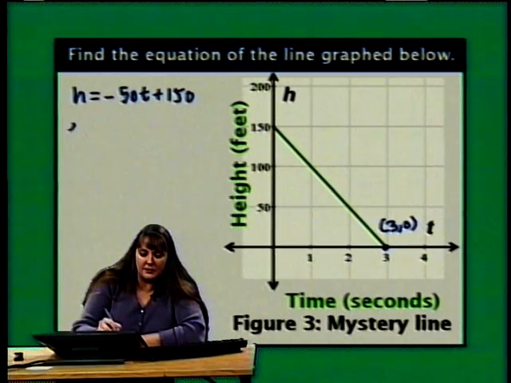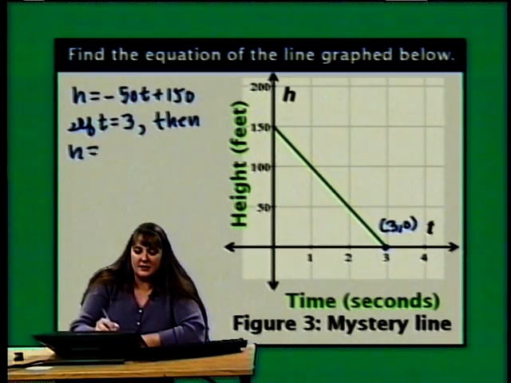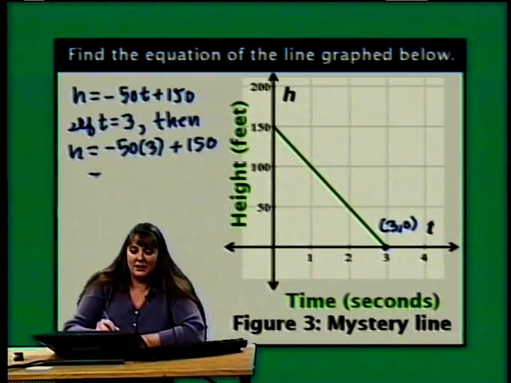Well, if t equals 3, we're hoping h equals 0. If t equals 3, then h is negative 50 times 3 plus 150. Negative 50 times 3 is negative 150. Negative 150 plus 150 is 0.